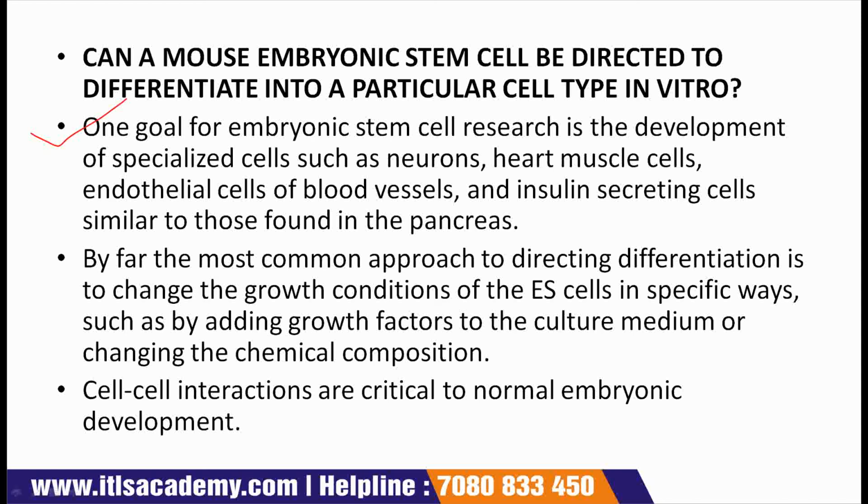So the very first point for the answer is, one goal for embryonic stem cell research is the development of specialized cells such as neurons, heart muscle cells, endothelial cells of blood vessels, and insulin secreting cells similar to those found in the pancreas.